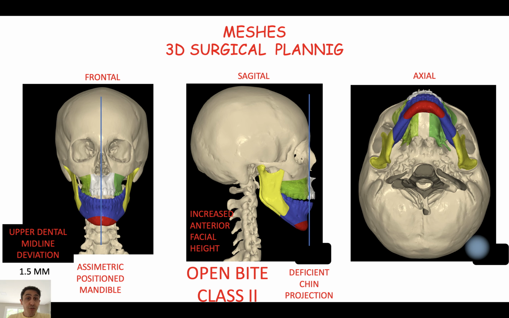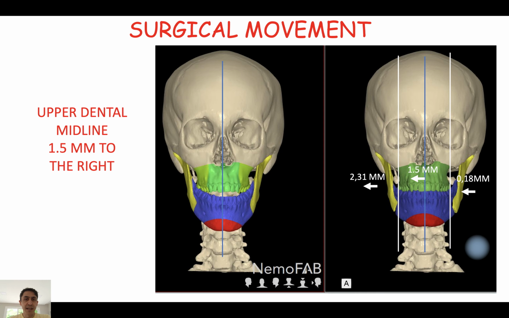Following some positions in this order, I start with frontal, then sagittal, then axial, and I can start the 3D manipulation of these meshes from a 3D cephalometry point of view to get a better 3D surgical planning.